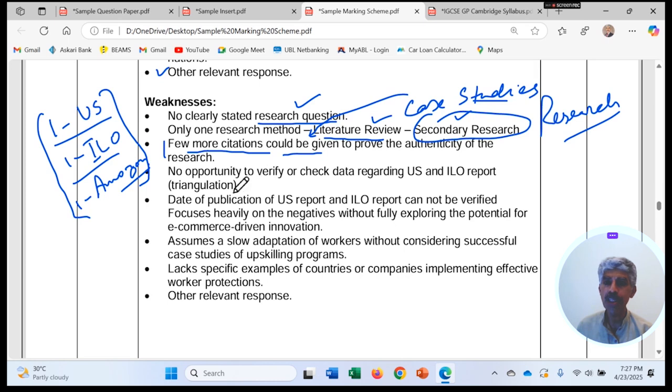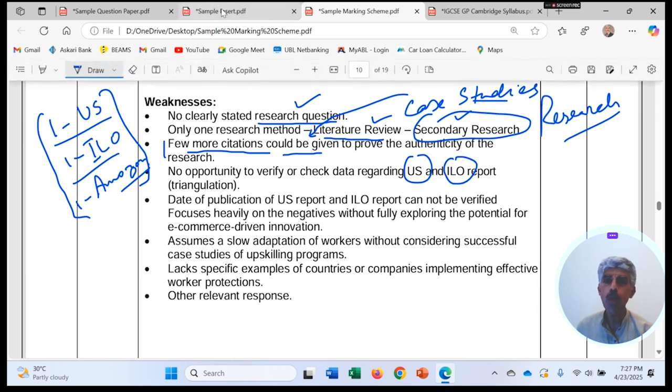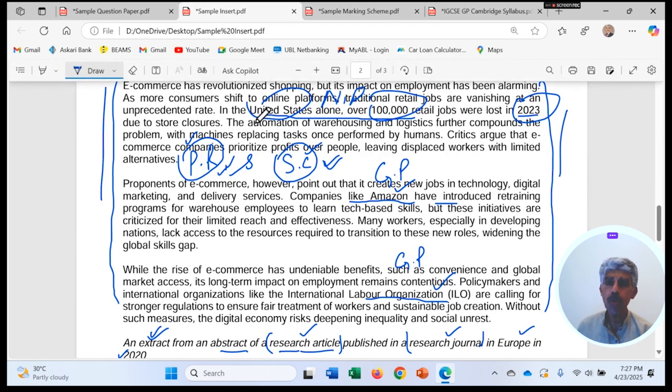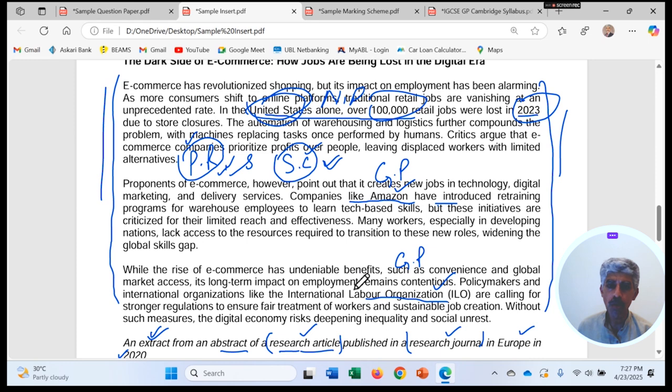So very few citations are given, no opportunity to verify or check data regarding the US and ILO report. So it means that he has given the reference of United Nations and ILO there. As I told you, the United States data is given here, and down here ILO's data is given, but where these reports are published is not mentioned. In the United States alone, over 100,000 retail jobs were lost in 2023.